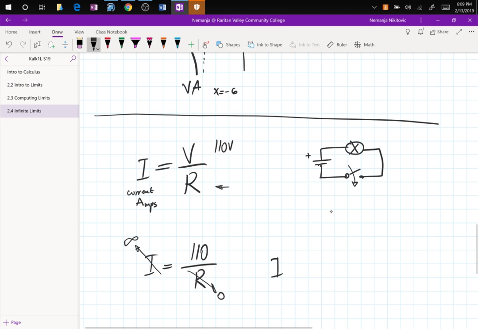Now, current is proportional to temperature. So if the current is going to infinity, temperature is trying to go to infinity in an infinitely small interval of time. That's why every time you short electricity, it sparks, and it's a mini explosion, right?